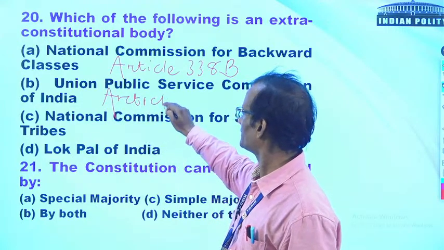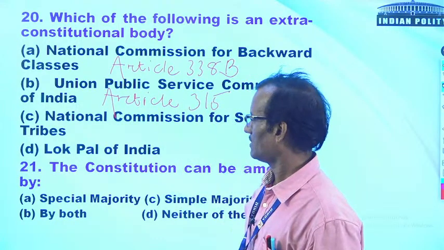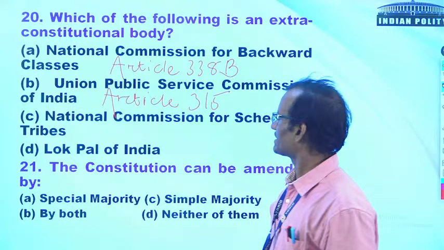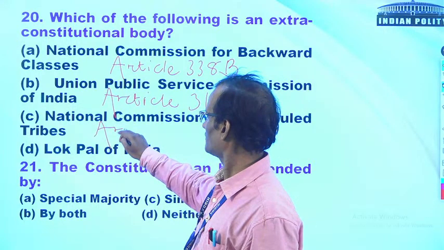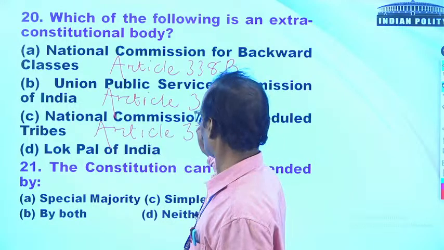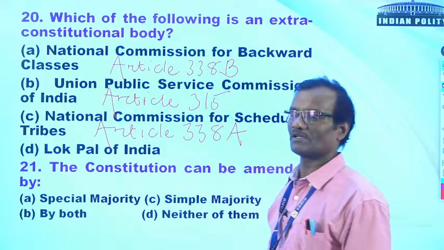National Commission for Scheduled Tribes is Article 338A. So as you can see, these are constitutional bodies because there is a specific article for them.